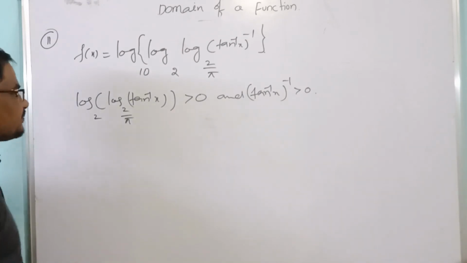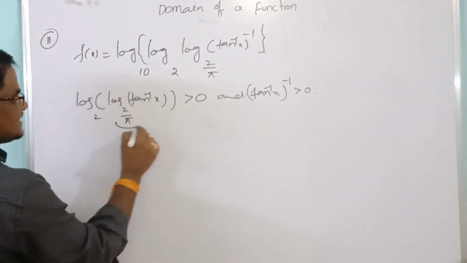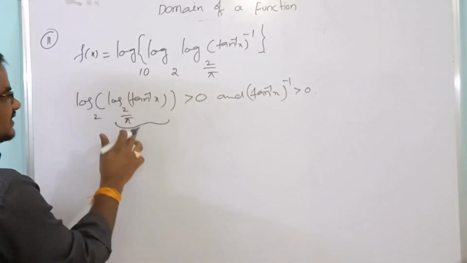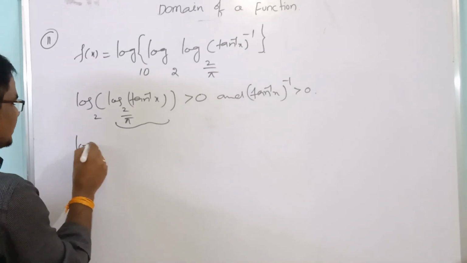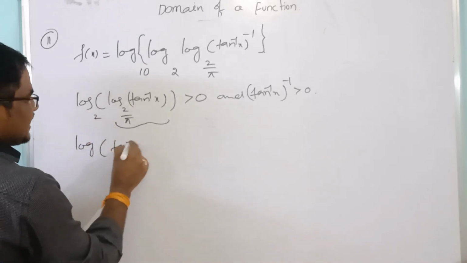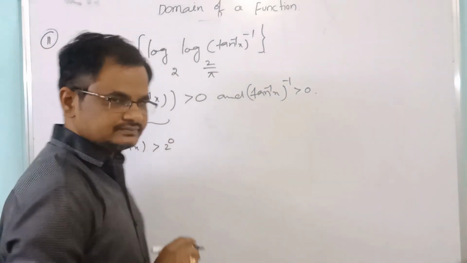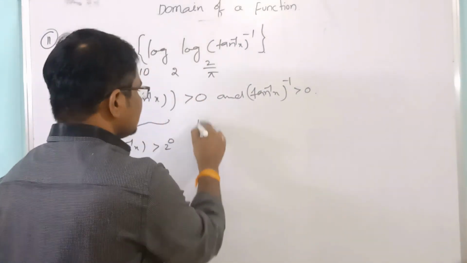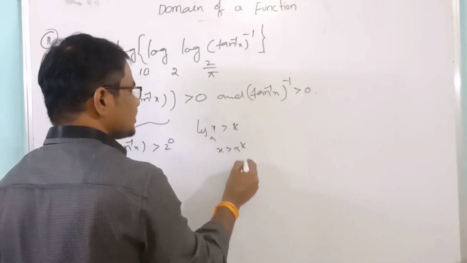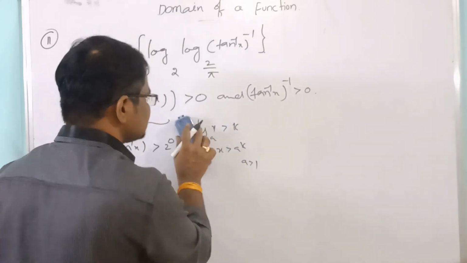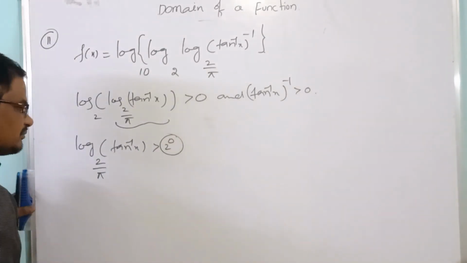Now, here again, if you take this as f of x, log f of x to the base 2 by pi is greater than 1. So that's why we write log of tan inverse x to the base 2 by pi greater than 2 power 0. Which one? Log x to the base a greater than k means x greater than a power k, where a is greater than 1, by that condition. Now this 2 power 0 is nothing but 1.